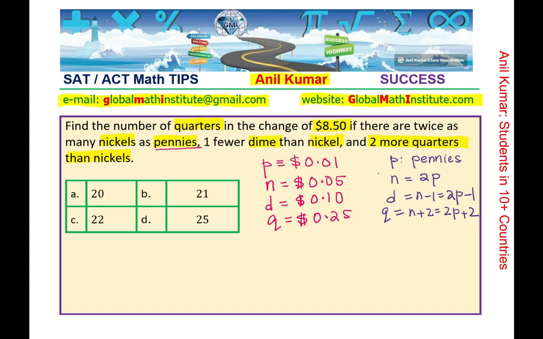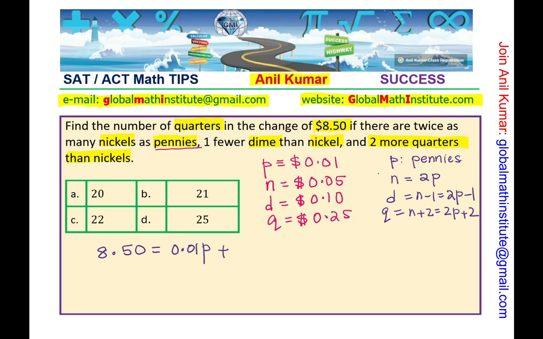So what we did, we converted everything in terms of pennies, so we have only one variable to work with. And how do we form an equation here? The total is 850, so write 850 is the amount, which is pennies at 1 cent, plus the number of nickels at 5 cents, 0.05, and how many of these are there?